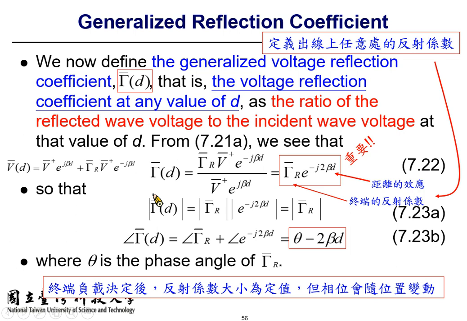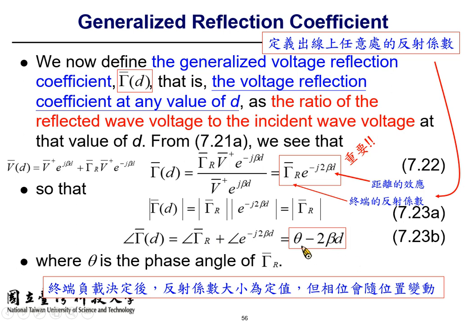However, the phase of the reflection coefficient, as marked in 7.23b, is a location-dependent function. As you can see here, it's written as theta minus 2 beta d, and 2 beta d, as we discussed earlier, is the phase delay of the forward and reverse going round trip.